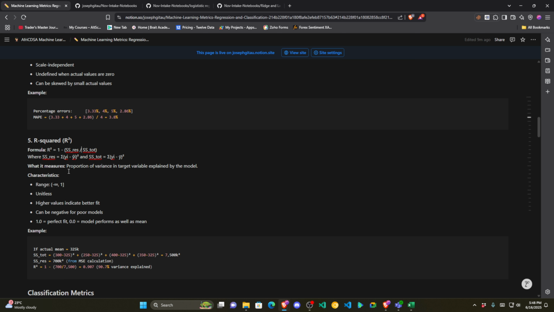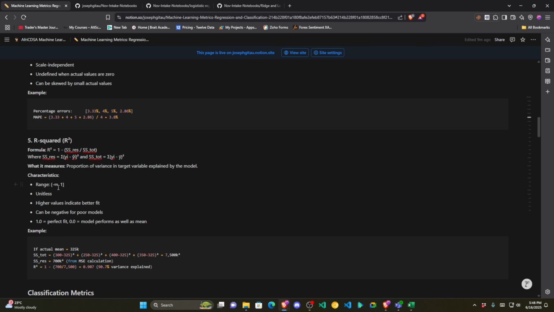The sum of residuals should be equal to the summation of your actual values minus your predicted values squared. And the other summation is basically the sum of your actual minus y hat squared. So it measures the proportion of variance in the target variable explained by the model.